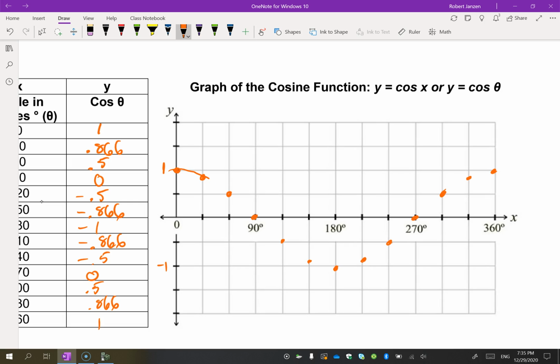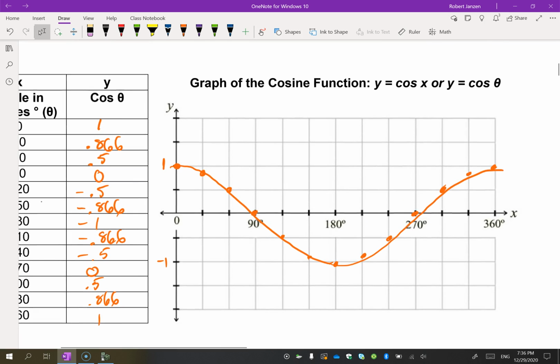Okay, so again, we'll connect the dots. And we get that. Okay, there is your graph of y equals cos of x.